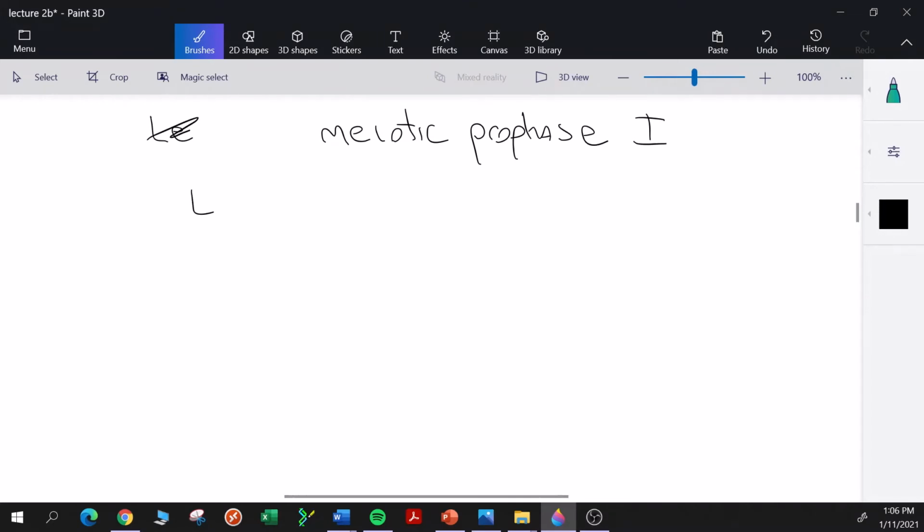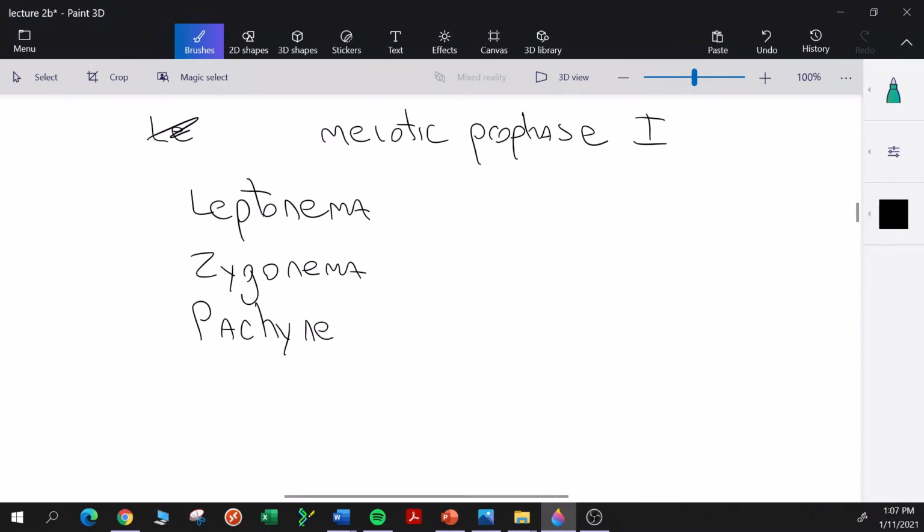Now, the phases are leptonema, and I'm going to introduce you to a trick to remember the correct order of these. Zygonema, pachynemia, diplonema, and diakinesis.